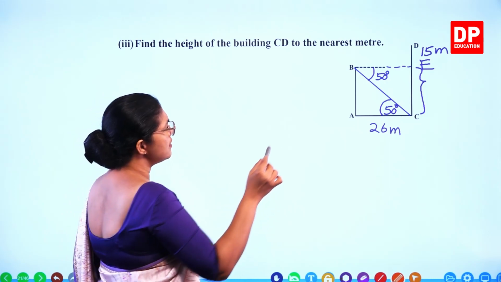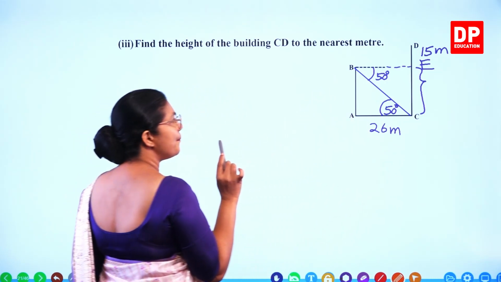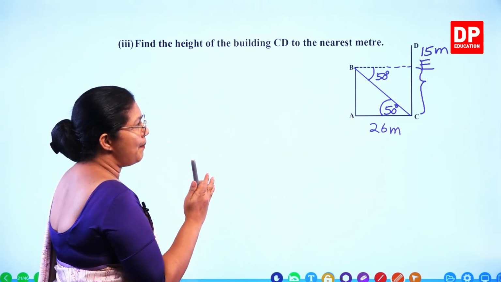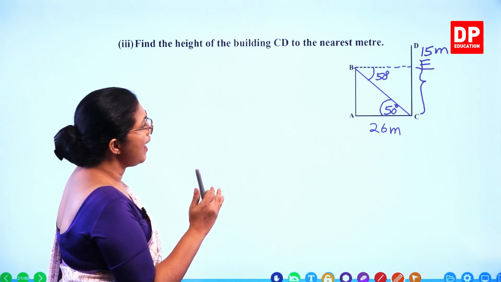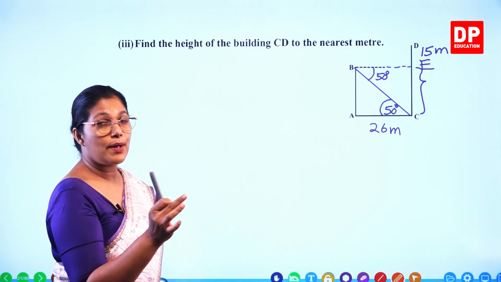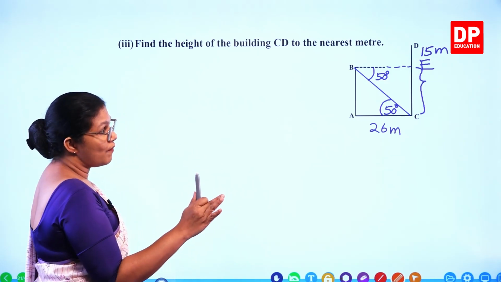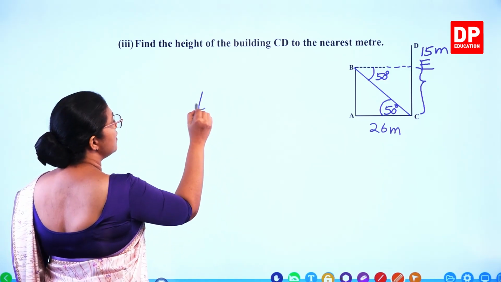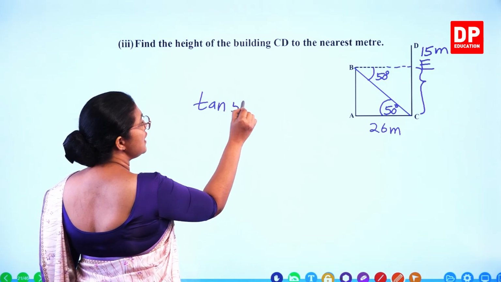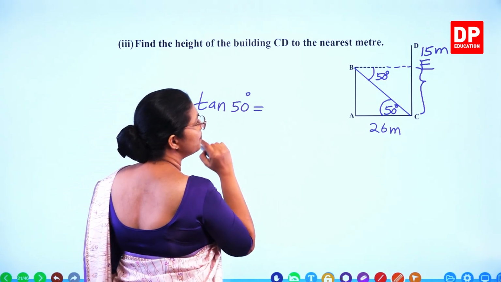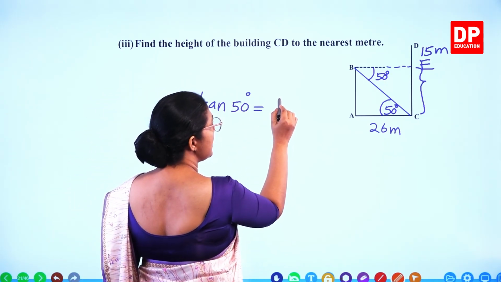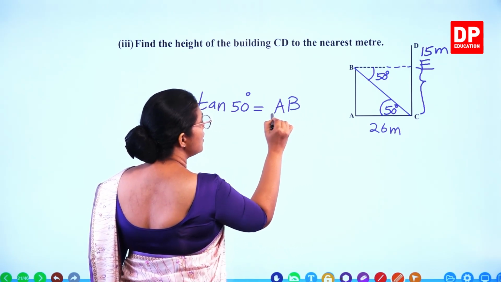So let's use this triangle BAC. Again, AB is the unknown one and 26, that's the adjacent given. So what is opposite over adjacent? Again, tan. So you can use tan 50 is equal to opposite, AB over 26.